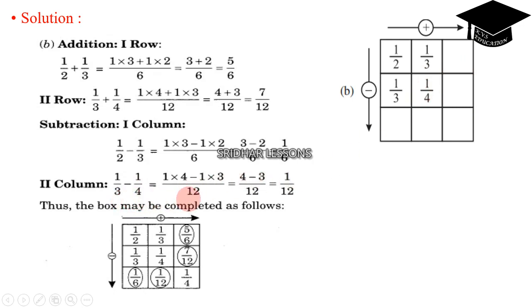So 3 into 4 is the LCM, 12. 1 into 4 minus 1 into 3 is equal to 4 minus 3 by 12. This is 1 by 12. Thus, the box may be completed like this: 5 by 6 because it is addition, and 7 by 12 addition, and column wise it is subtraction. Okay.